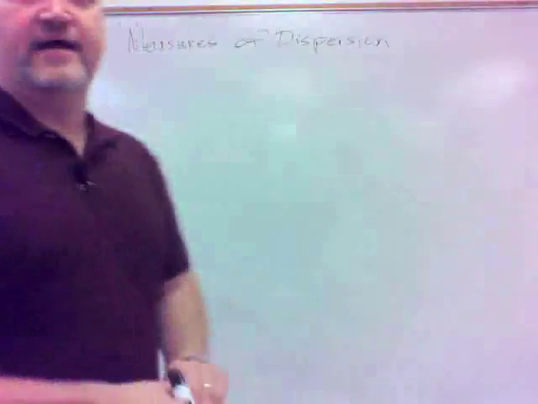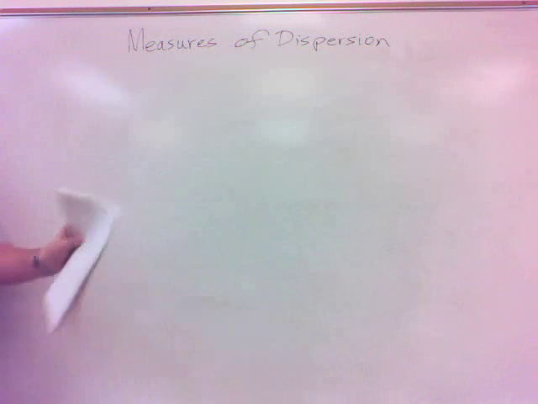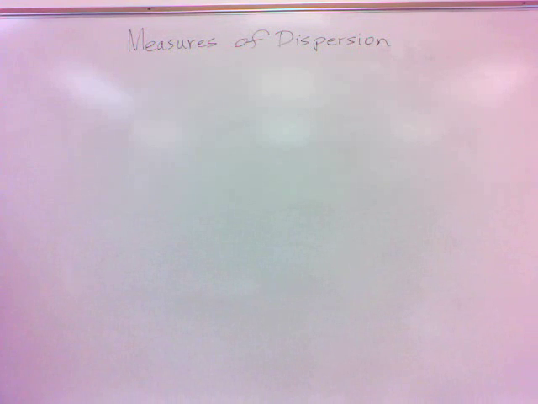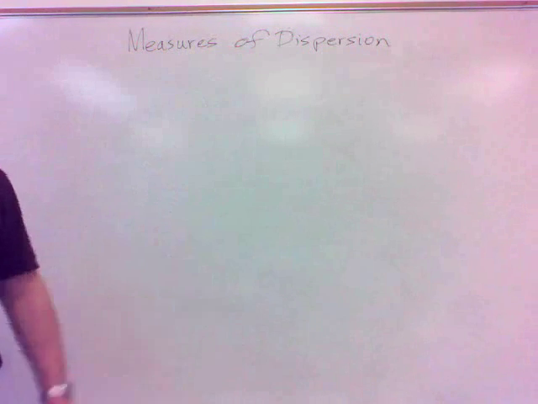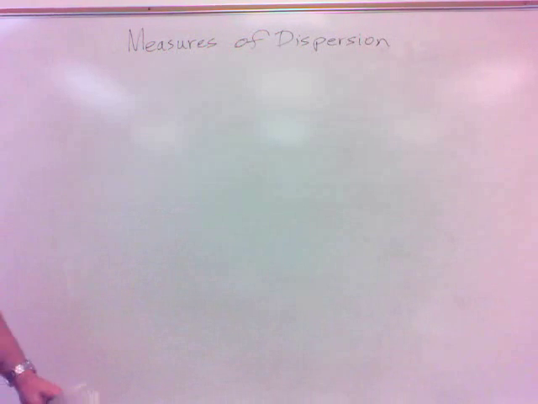What we mean by measures of dispersion: we talked about measures of central tendency. Well, what does disperse mean? You disperse something, means spread out. So what these are going to measure is how spread out data are.